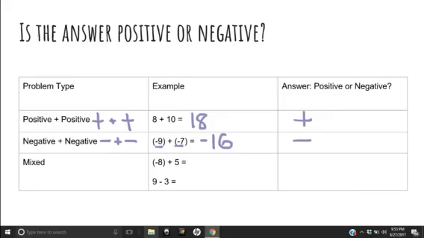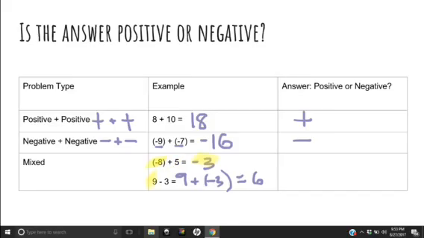And if it's mixed, negative 8 plus 5, it's going to be negative 3. 9 minus 3 is like 9 plus negative 3, and that is positive 6. So if the answer is positive or negative depends on which number has a bigger absolute value. Here, 8 is negative, and it's bigger than 5, so your answer is negative.